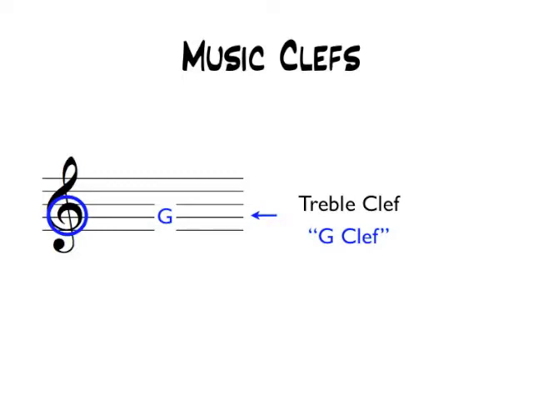And from there, we are able to label and name the spaces and lines within the treble clef. And we'll get into that later on in this tutorial. But for now, treble clef is also known as G clef because of that little scenario there with the artwork of the treble clef's insignia.